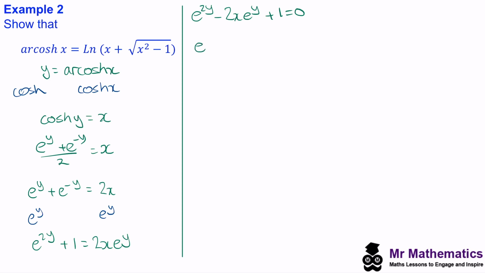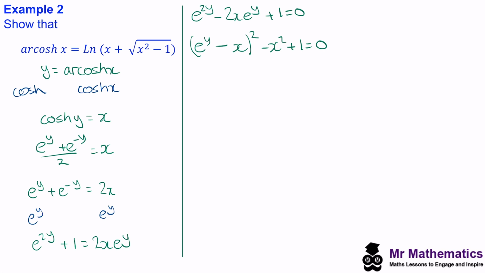So we have e to the y, we'll halve this term here, so minus x, we'll square this, we'll complete the square by taking away the square of the x, so minus x squared, we'll add back in the 1, and this is equal to 0.